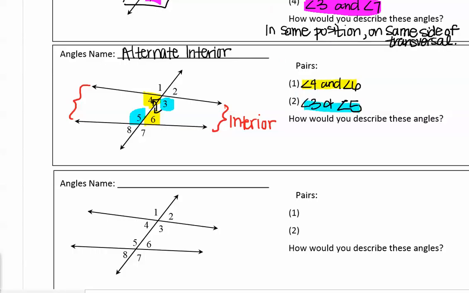So how would we describe these angles? They are inside of the two lines, and they are on different sides of the transversal, which is why we call them alternate.